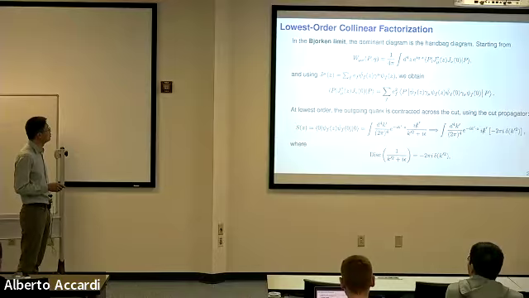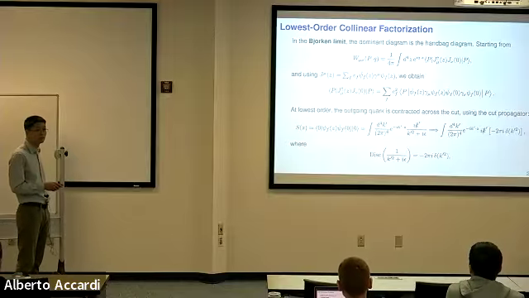Let's see how we do the calculation. We start from the definition here. We know that the electromagnetic current has this form, with all the flavors, and each flavor carries a different electric charge. We just put in the expression here.